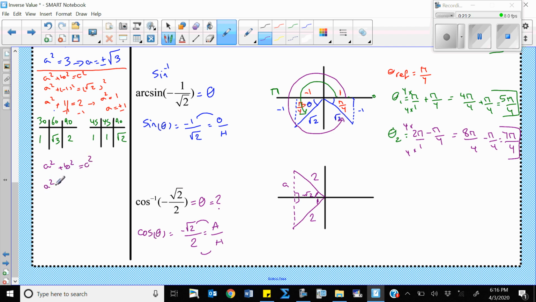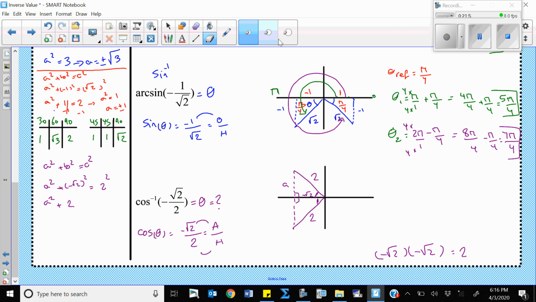So a squared plus negative root 2 to the power of 2 will be equal to 2 squared. Because negative radical 2 times itself, negative times negative is positive, and radical times radical cancel each other, so this will be equal to 2.